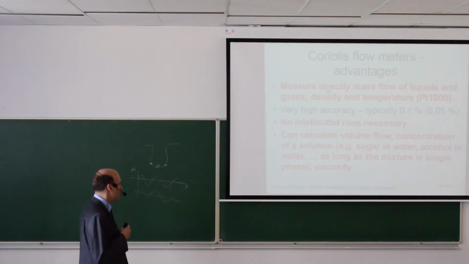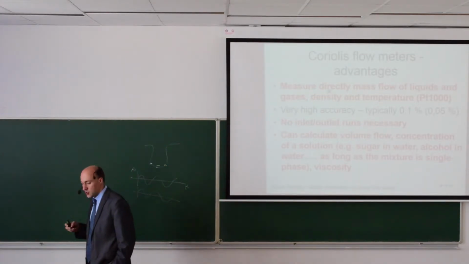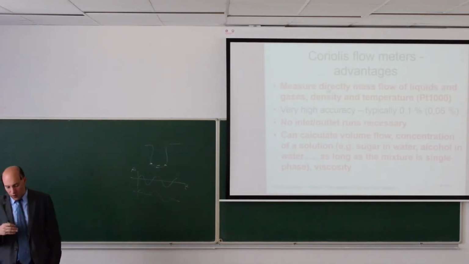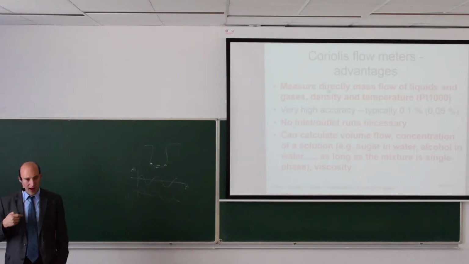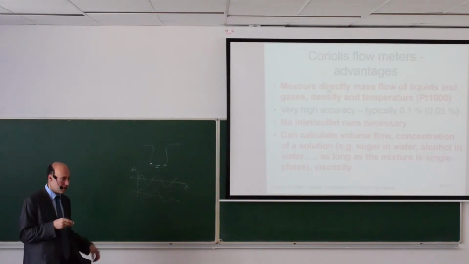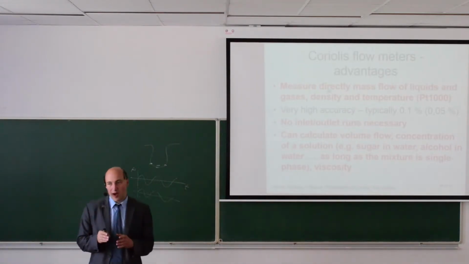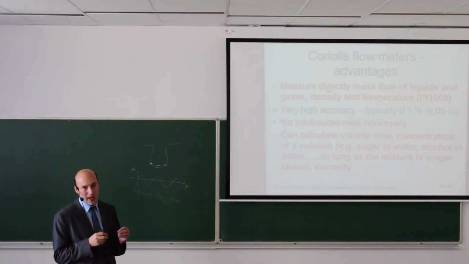The typical accuracy is about 0.1% of the range, so it's one of the most accurate sensors. It does not require any inlet and outlet distances. So it means that you can connect it directly in the piping system, and you don't need to have a straight section in front or behind the sensor.